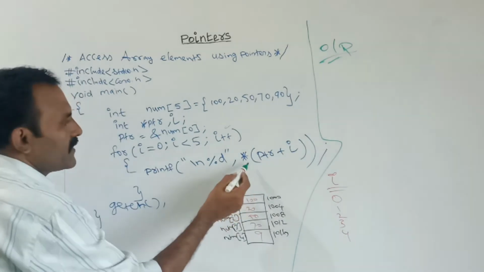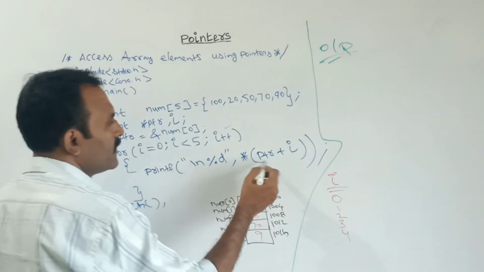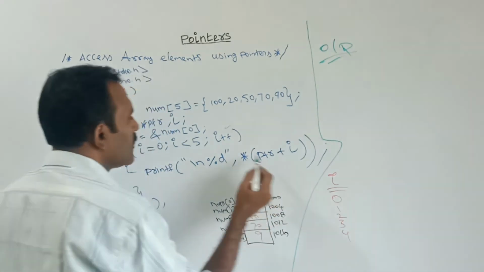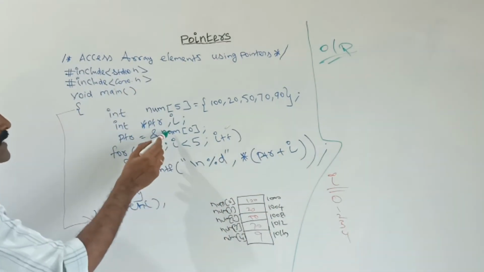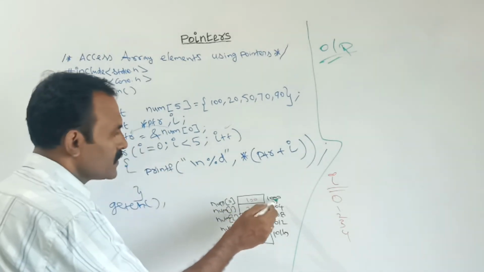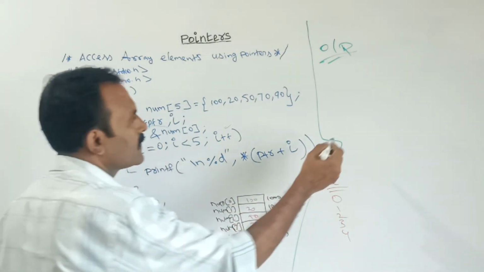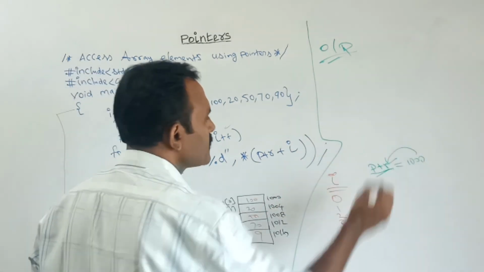I am telling it to print the value at pointer variable plus I. What is the PTR currently? I had initialized it with the NUM 0th position address, which is 1000. So currently this PTR holds the address 1000.